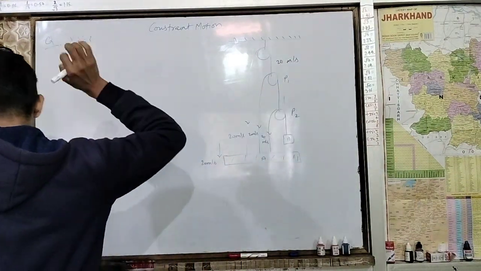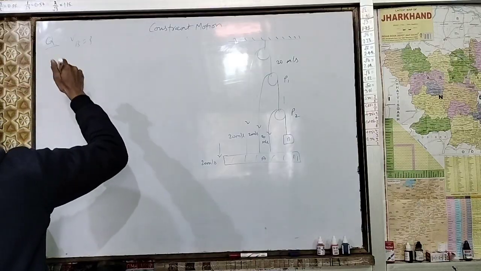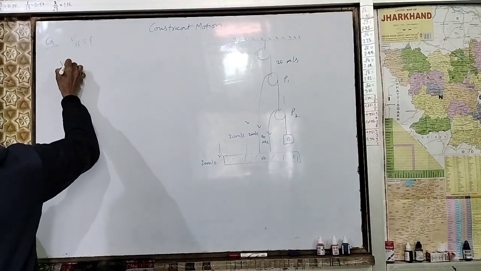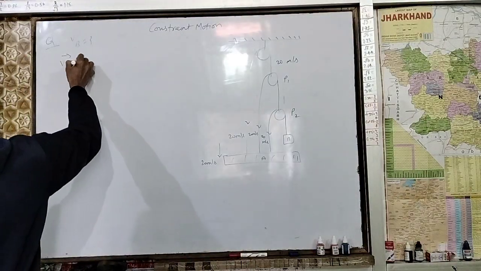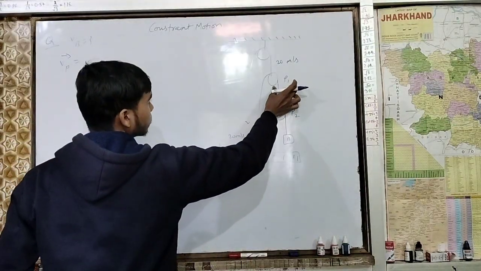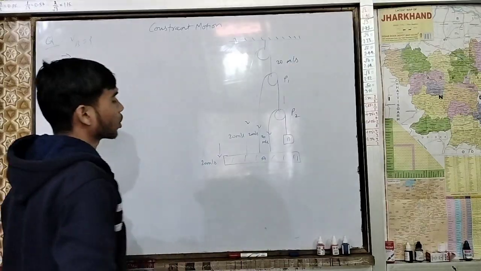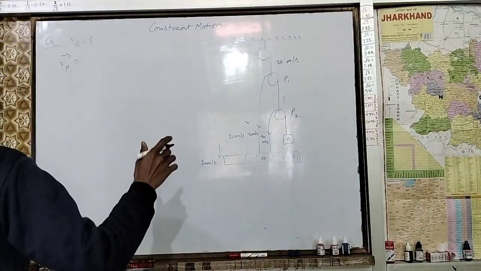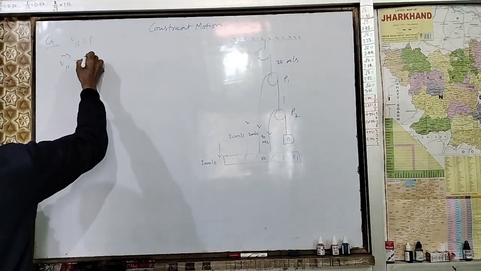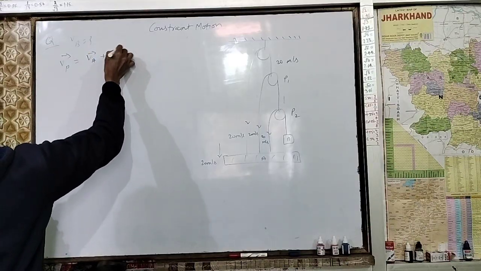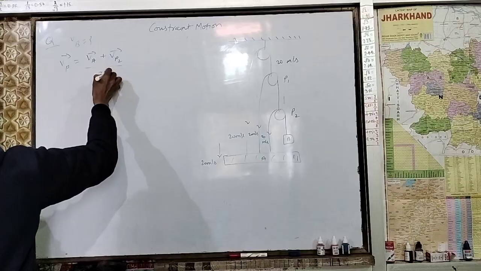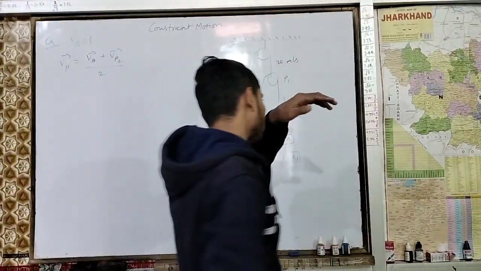Now it's time to calculate the velocity of B. Velocity of pulley 1 will be equal to velocity of A plus velocity of P2, upon 2. Try to see over here.